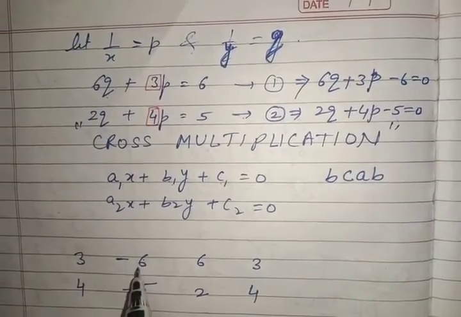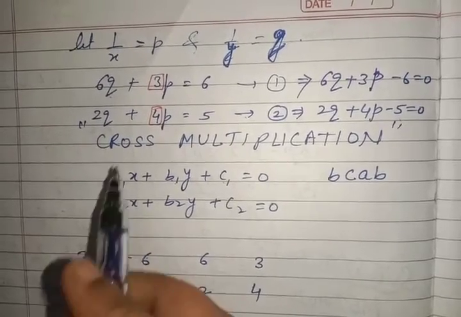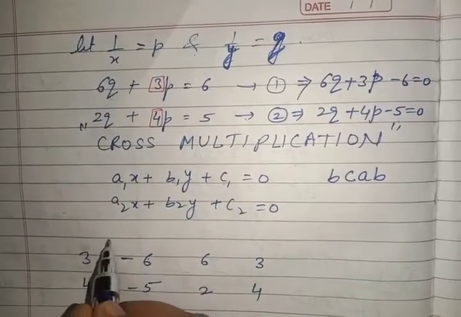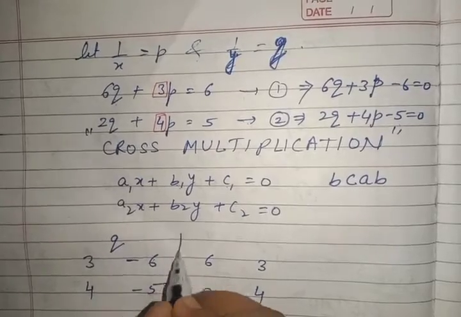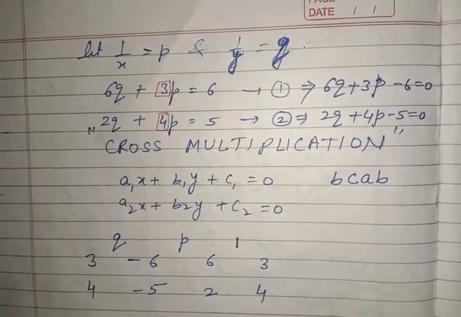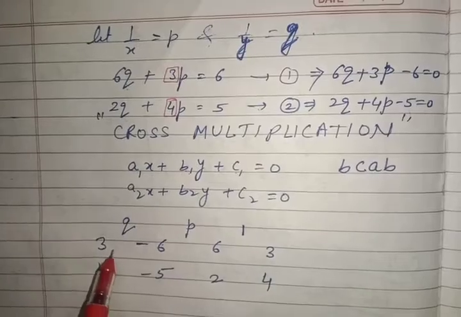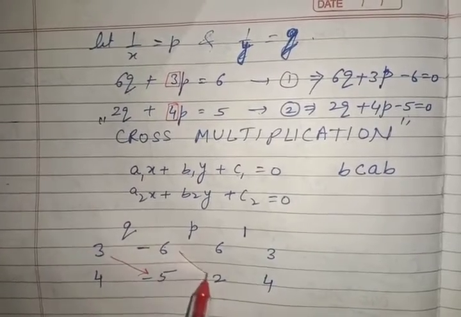Over it, 3 and minus 6, what will come? Here the first variable q will come, here p will come, and here 1 will come. And if you remember, we'll multiply this first, this and this.